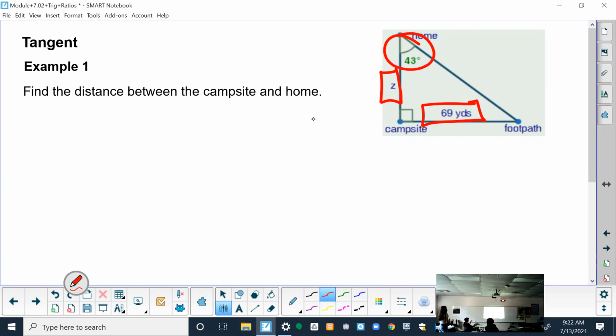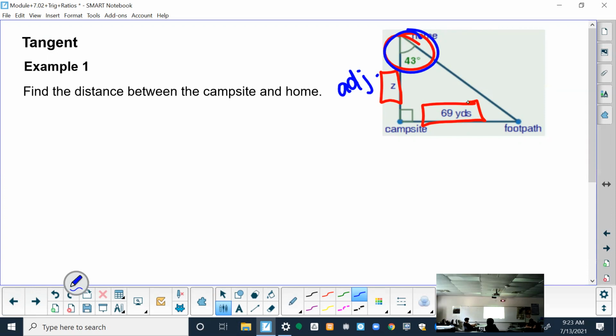So in relation to this angle that is labeled, what is side Z? Is it adjacent, opposite, hypotenuse? Jason. Good, it should be adjacent, because it's next to that angle.